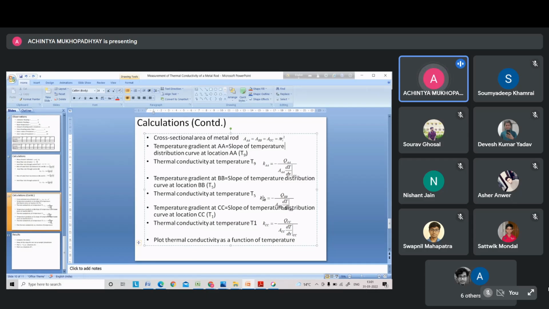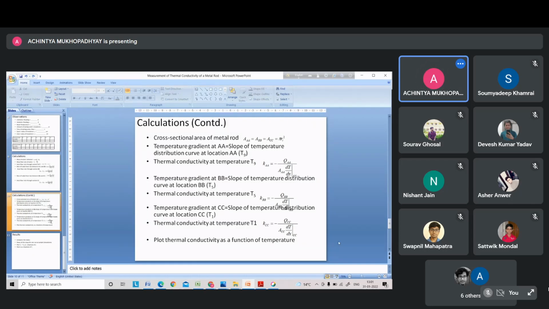Similarly, you get the thermal conductivity at location BB and location CC. So you get 3 thermal conductivities at 3 different temperatures, and you plot the thermal conductivity as a function of the temperature. Okay.